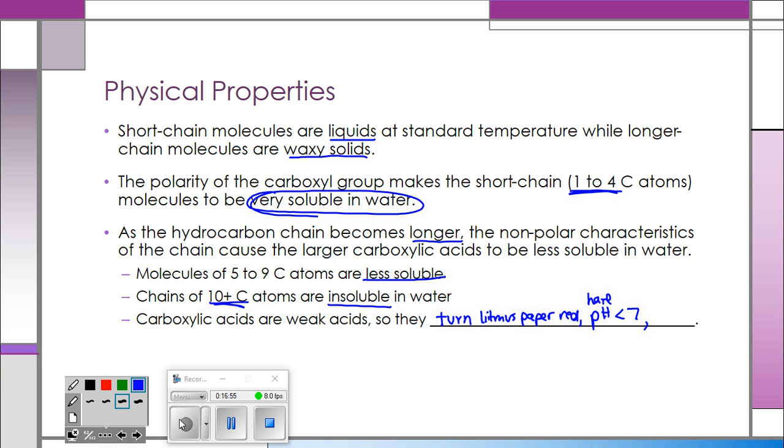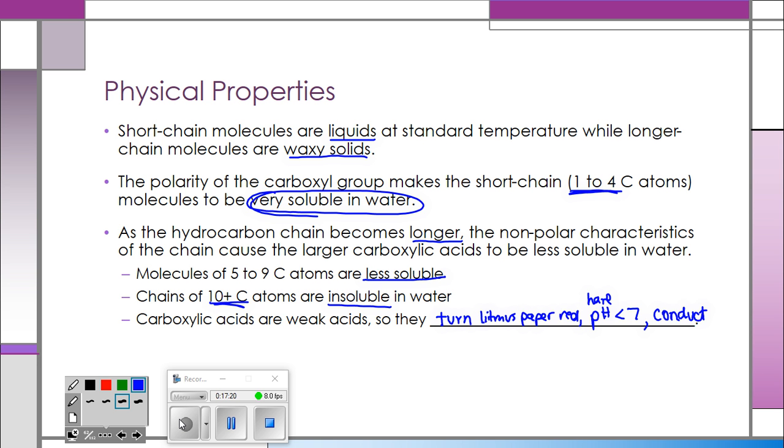Anybody remember any other tests that you can do that would tell you that something is an acid? You might have done it in Chem30, yeah? They conduct. There's one more. Maybe your teacher did it as a demo. There'd be 2 tubes. One was a strong acid, one was a weak acid, and I'd put a piece of magnesium in it.